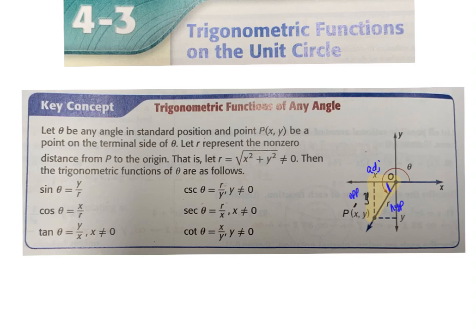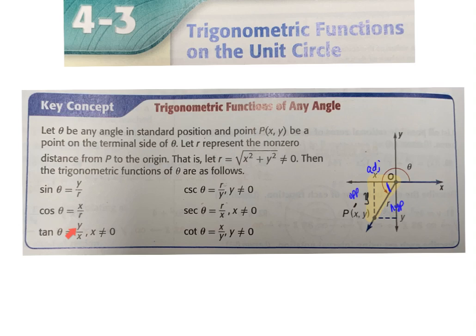So when you do that anywhere on the coordinate plane, you create these 6 functions. It will always work on the coordinate plane. My sine will be y over r. My cosine will be adjacent over hypotenuse, x over r. My tangent will be opposite over adjacent, y over x.